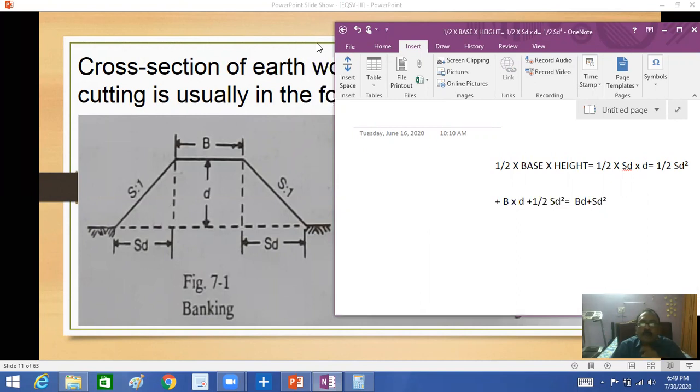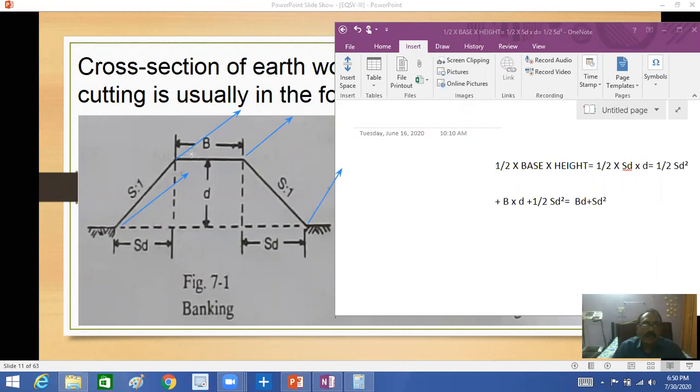Now, to find the volume of the road according to your length, generally your road will be like this. If you see an isometric view, it is a trapezoid like this, and the length will be there.